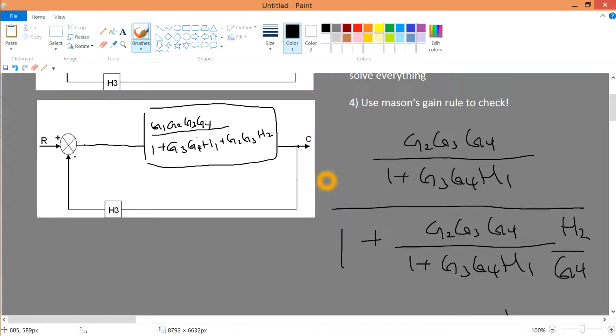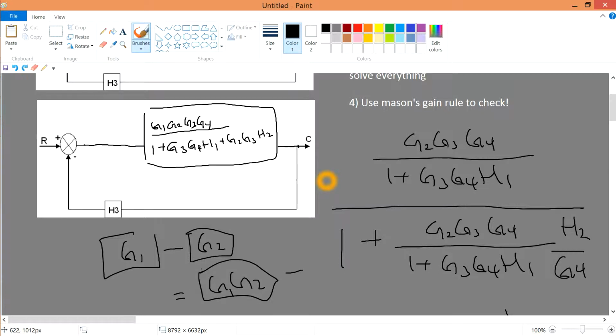For example, if you don't know what I'm talking about, right now it's G1 times something. For example, this is just the rule itself. G1 times G2 is simply equal to G1 G2. That's all. Okay, this is just a rule. If you don't know how to apply it, this is how you apply the rule.